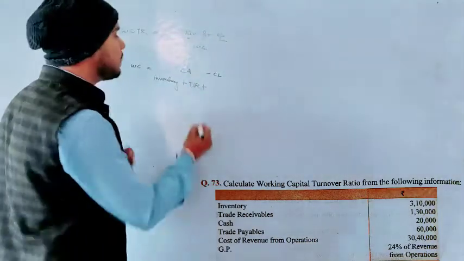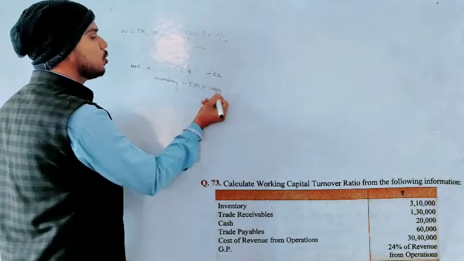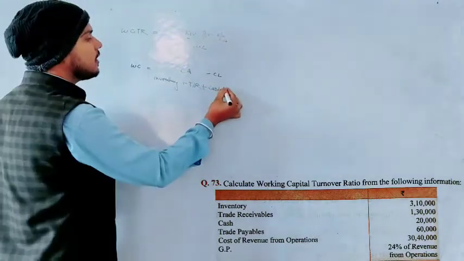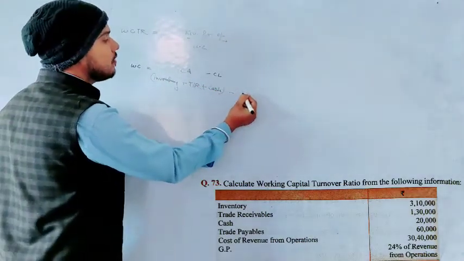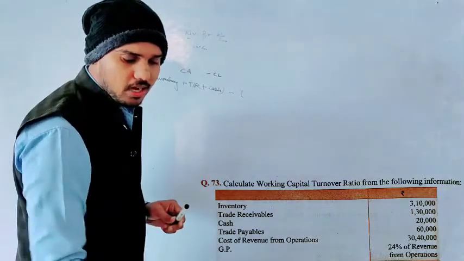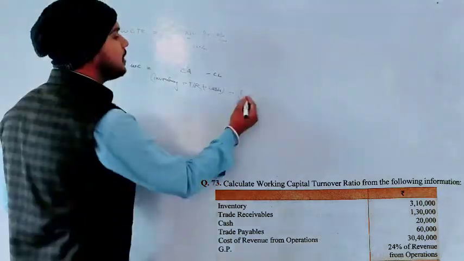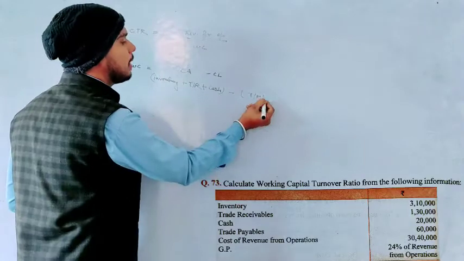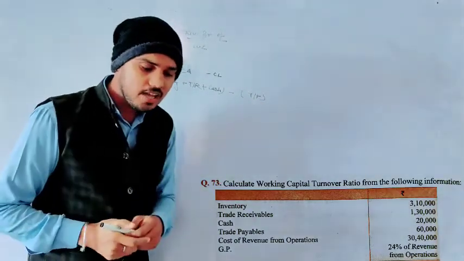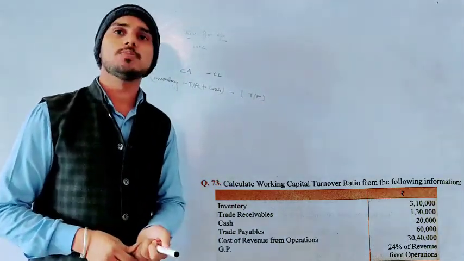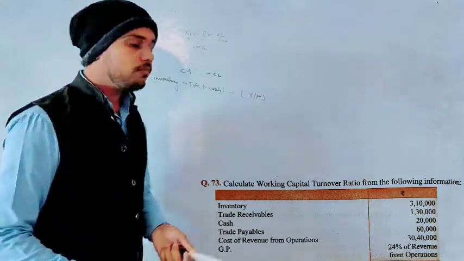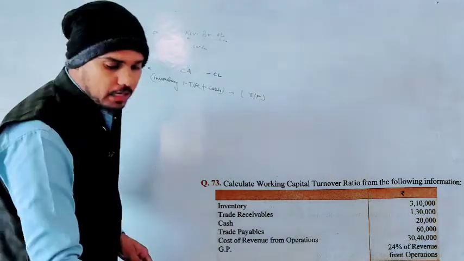Next we have cash balance, that is also your current asset. These three are our current assets. Minus, we have current liabilities, and only one is given, that is trade payable, right? Then next we have cost of sale and gross profit percentage. So we can firstly calculate our working capital.